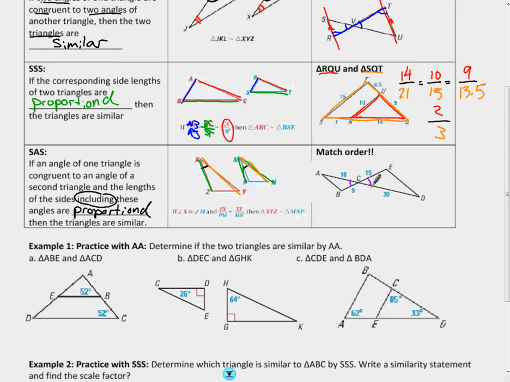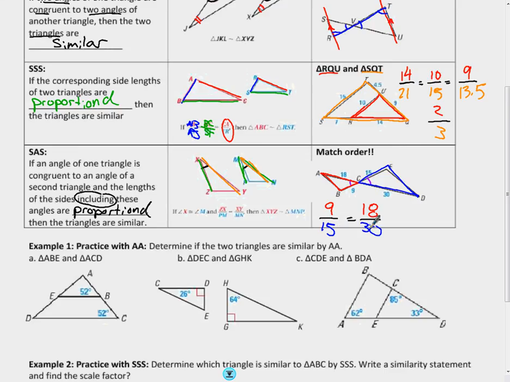Here's triangle ABC, everybody. Which side's shorter, 9 or 18? 9. So 9 over something is equal to 18, the longer side, right? What's the shorter side on the other triangle, DCE? 15. Longer side is 30. Short with short, long with long.